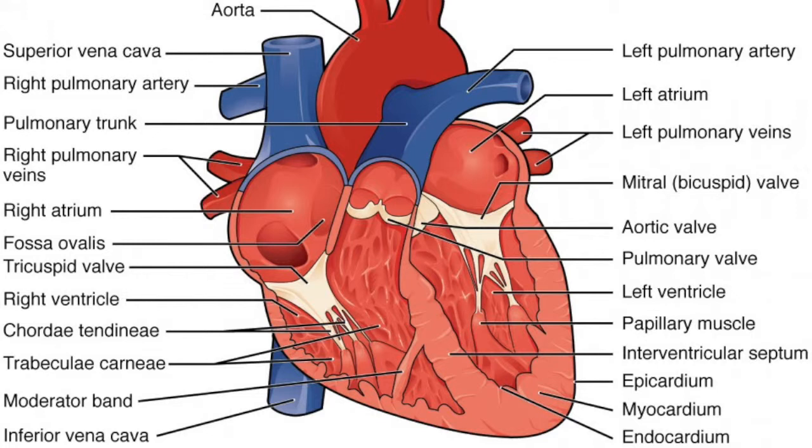The reason why it is deoxygenated is because blood has not yet reached the lungs, where the blood will be oxygenated and re-enter the heart via the pulmonary vein, this time entering from the left atrium.